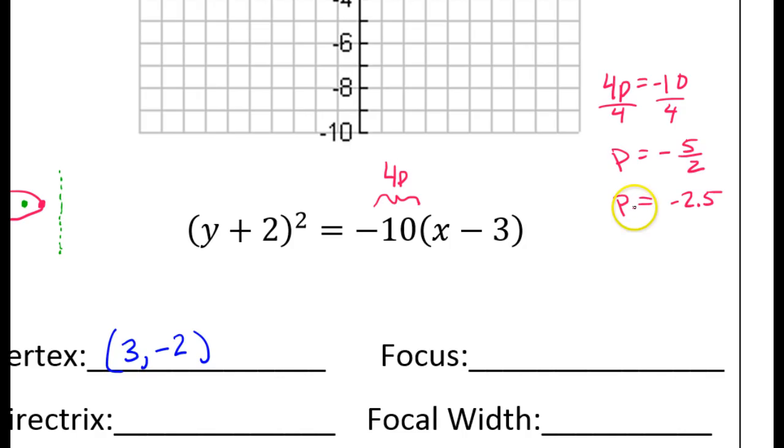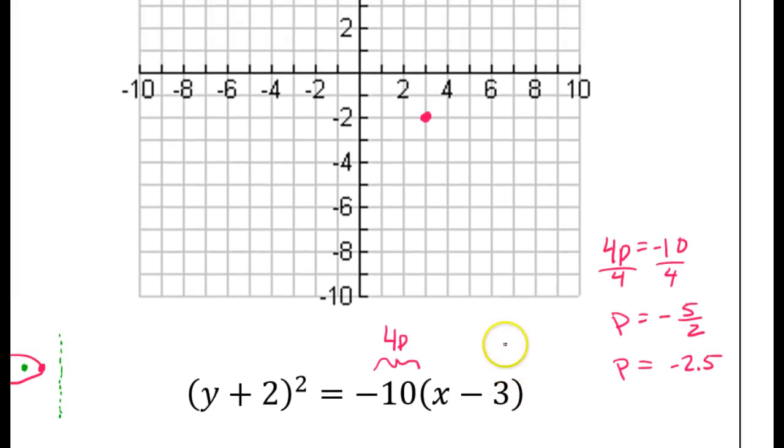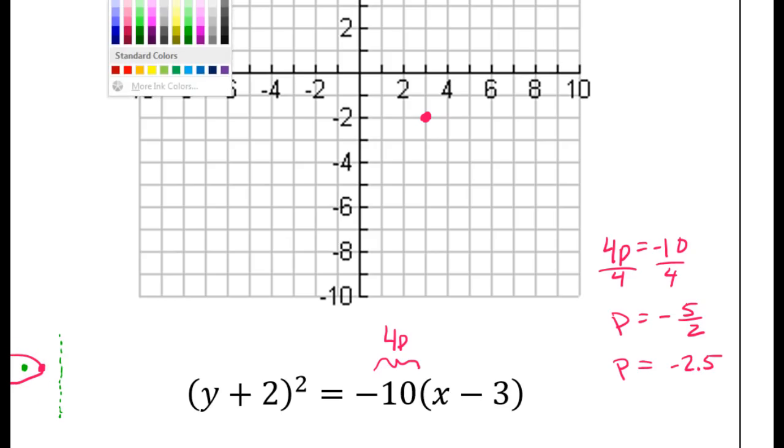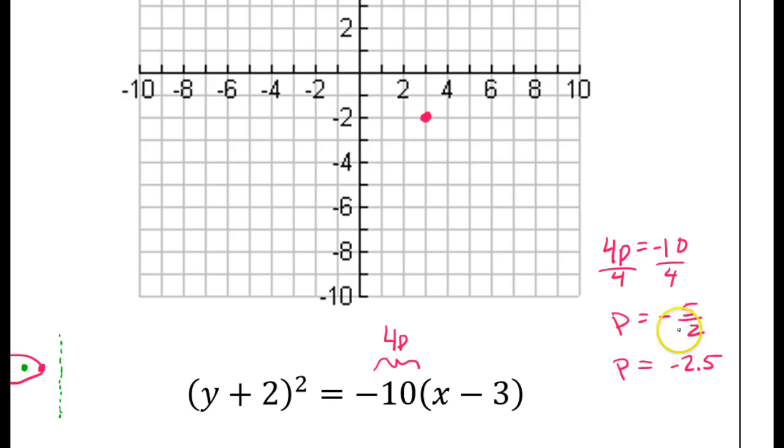Okay, so the p value tells us where the focus is going to go. So if I start at the vertex, I know my focus will be to the left of this. The p value tells me how far to the left to go. So I will have to go -2.5 to the left.